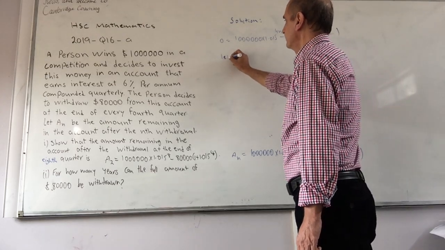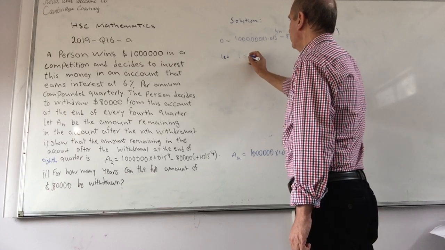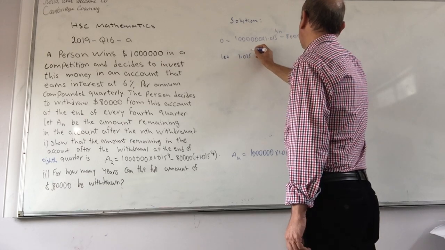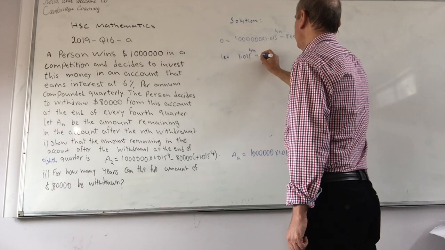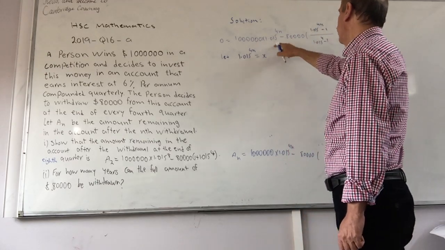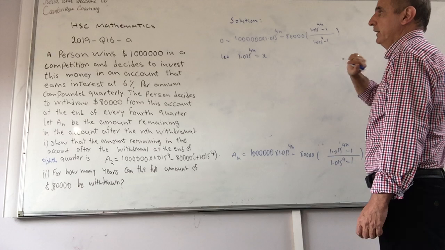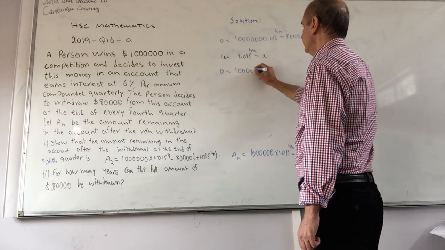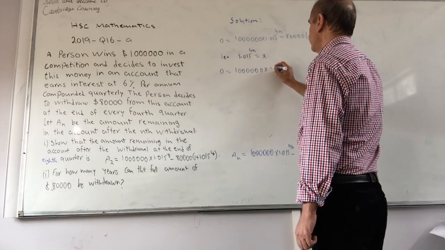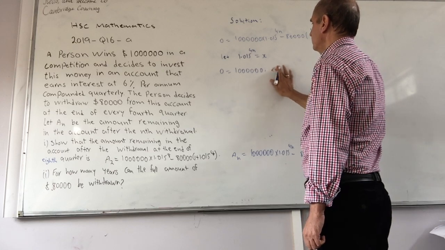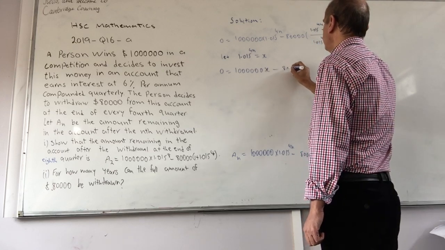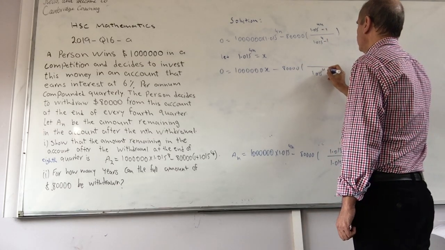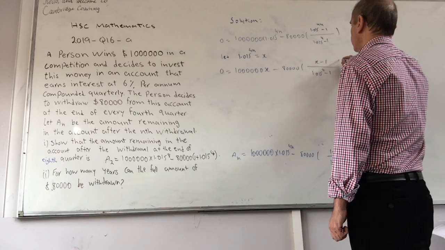Let 1.015 to the power of 4n be x. Let's call this x because it appears here and here, and that's the only unknown we have. So that gives us 0 is equal to 1 million times x minus 80,000 times x minus 1 over 1.015 to the 4 minus 1.